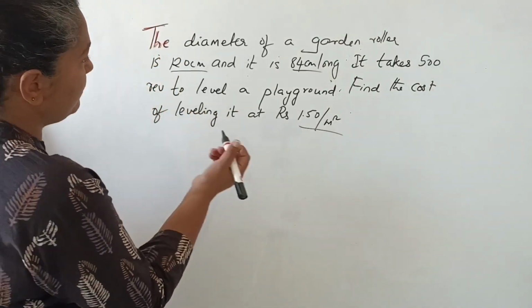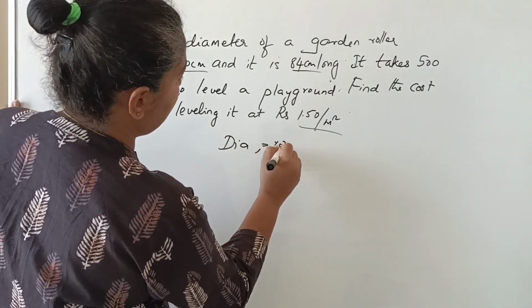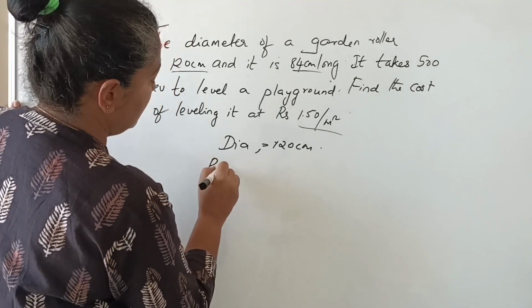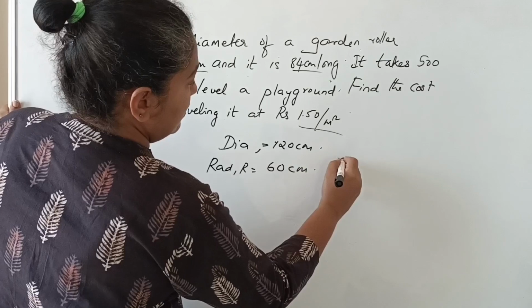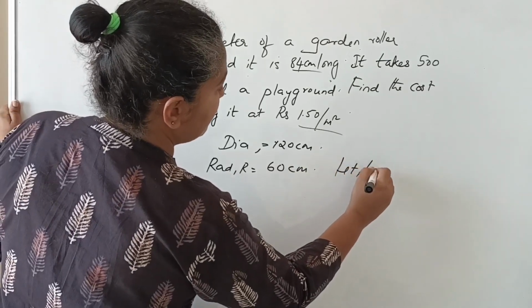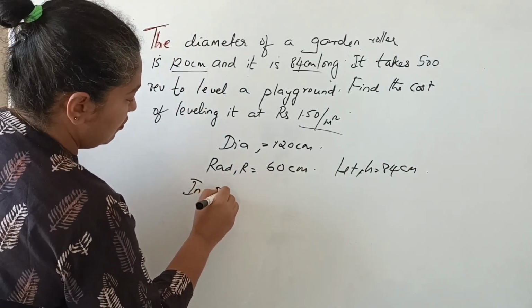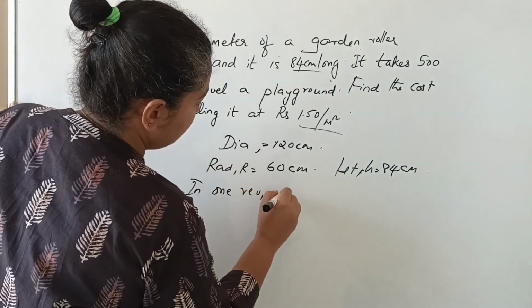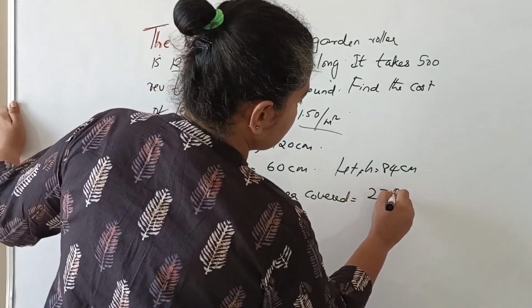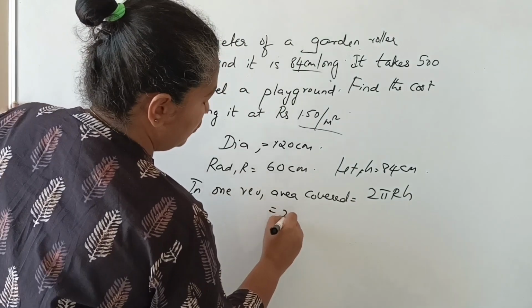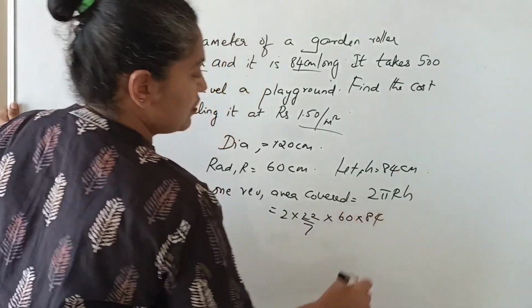Here I know that the diameter is equal to 120 centimeters, so the radius is equal to 60 centimeters. Height h is 84 centimeters. So in one revolution, the area covered is the curved surface area, 2 pi r h, which is 2 into 22 by 7 into 60 into 84.